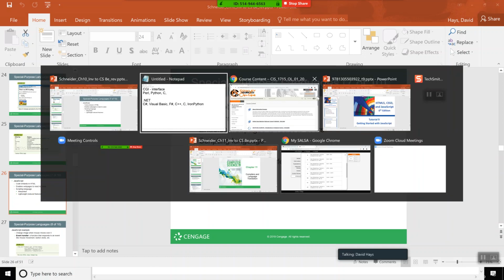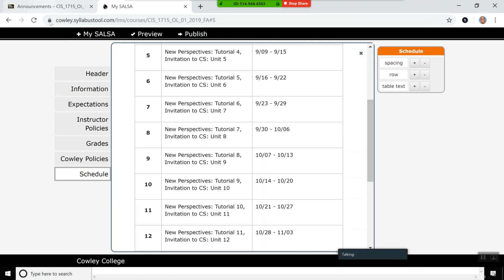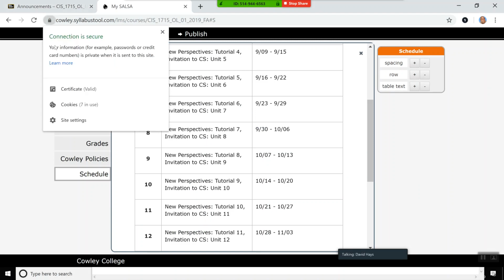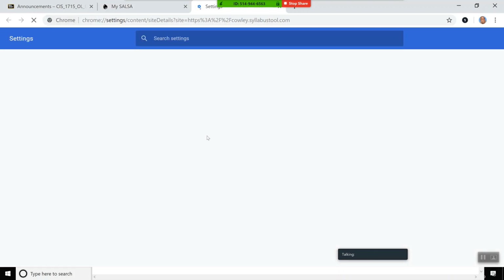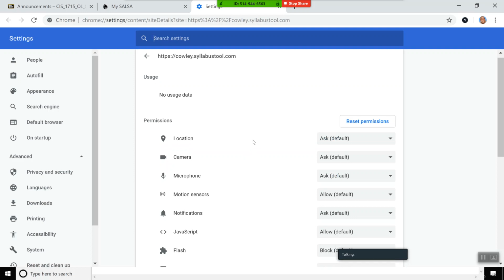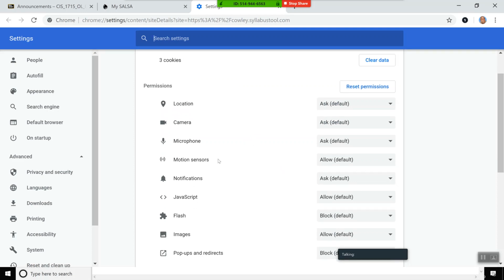Let's see. If you go up here to this padlock, and you go to site settings. You see JavaScript by default is set up to allow, so it'll run JavaScript because it's safe. But notice what it says about Flash.